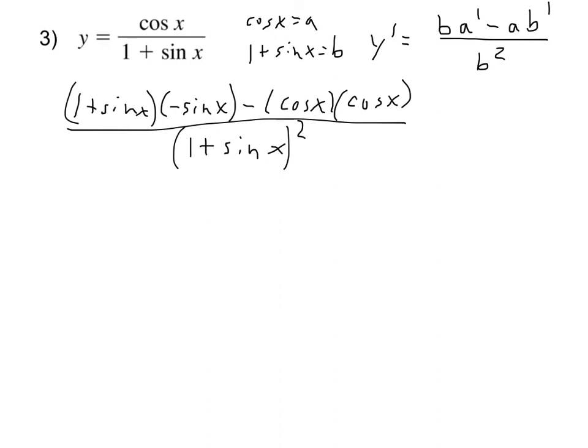Okay, you can really pretty much leave it just like that for now, unless you're going to have to use it or answer a multiple choice question. That's probably where I'd stop.